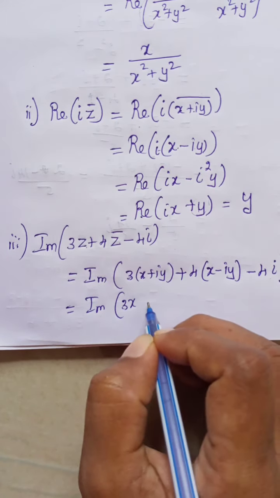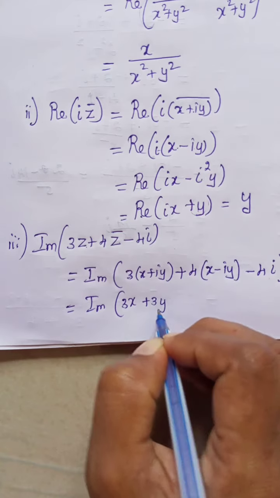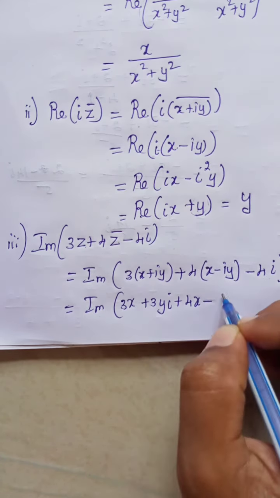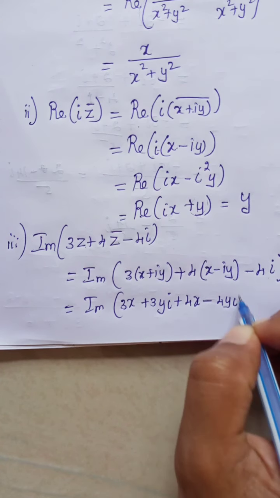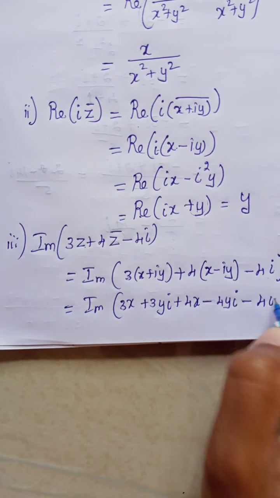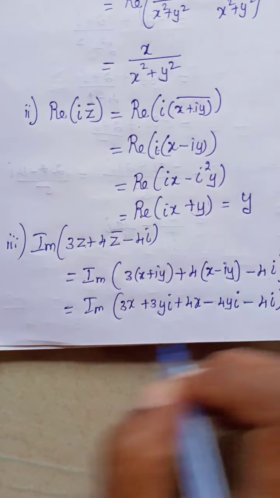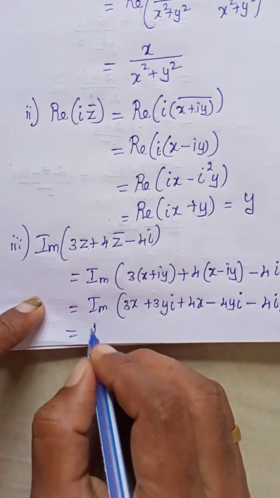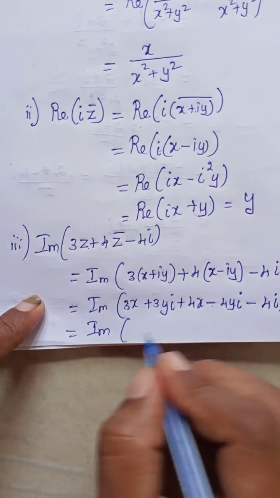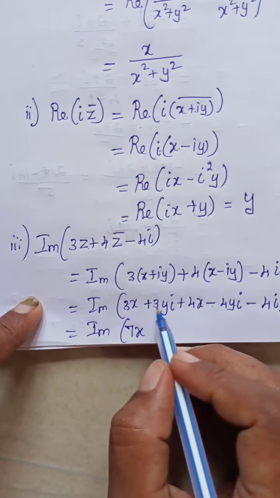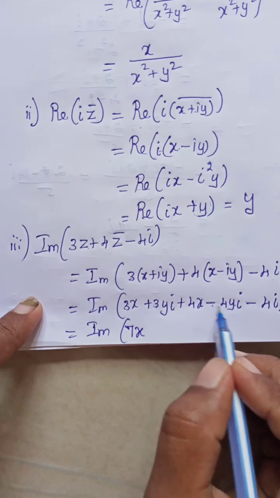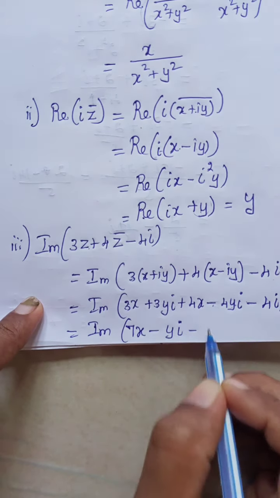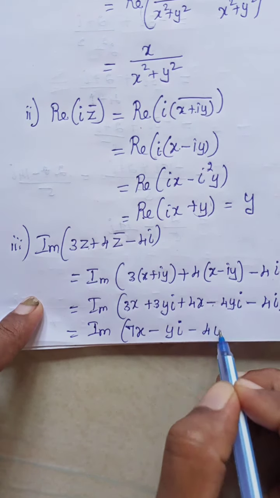See, 3x plus 3y into i plus 4x minus 4y into i minus 4i. So actually the imaginary part means only with the i, isn't it? So anyway, let me write it. 3x plus 4x, 7x. 3yi minus 4yi, that is minus y into i, minus 4i.